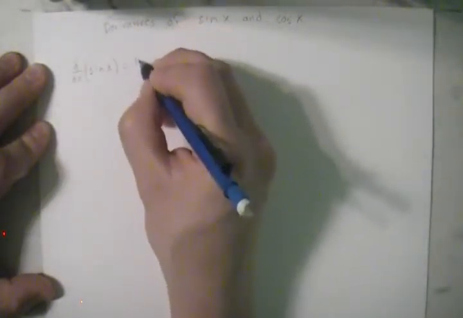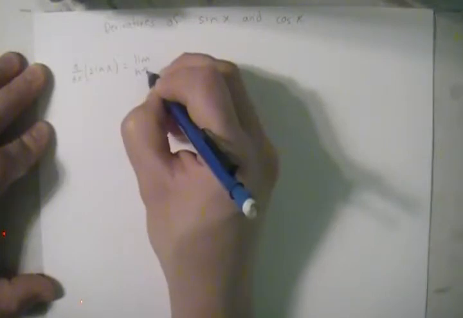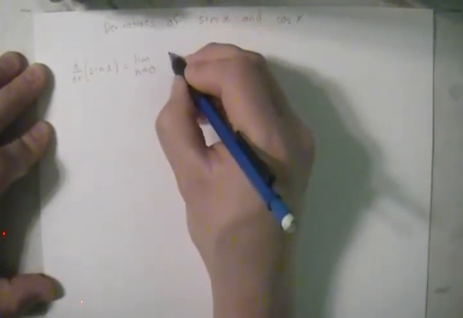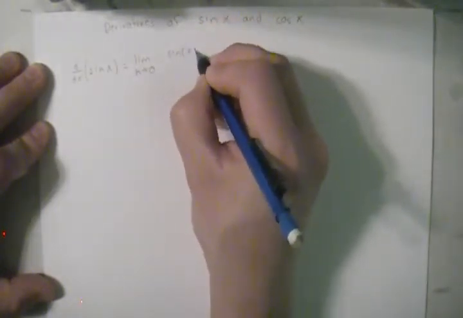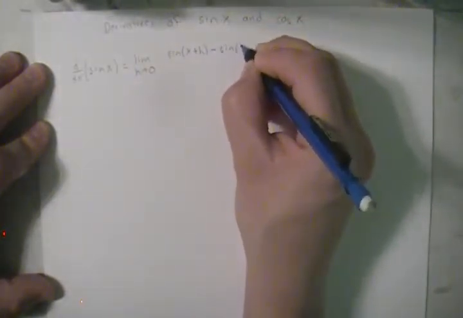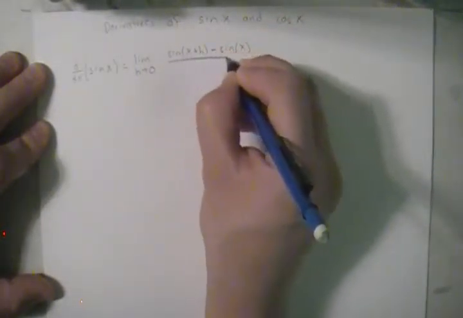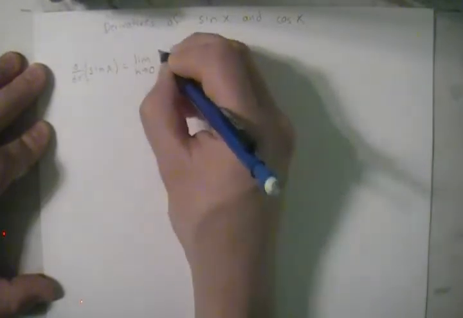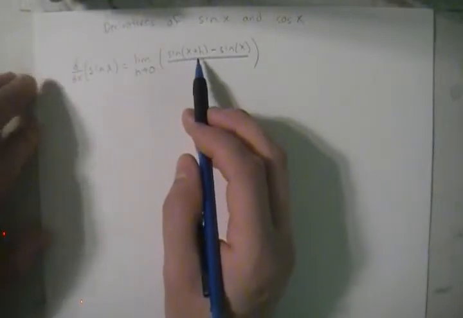x, by definition it's going to be the limit as this value h approaches 0 of sine x plus h minus sine x divided by h. So this is where the angle addition formulas come in handy.